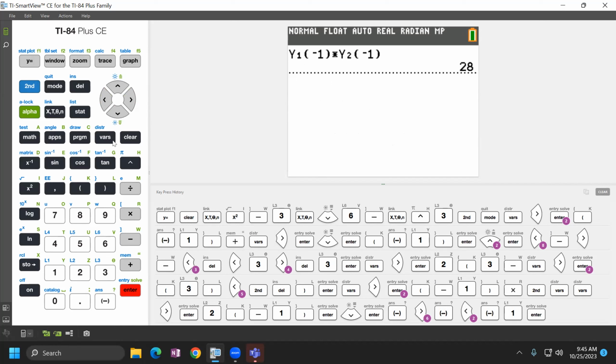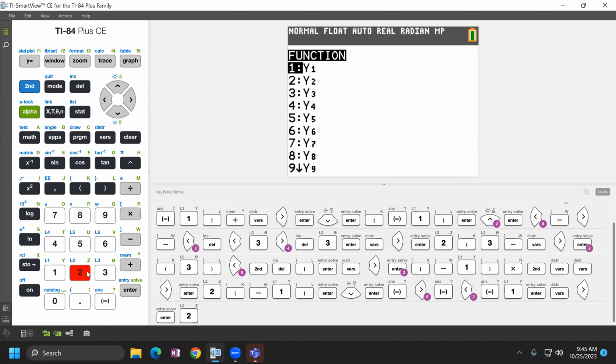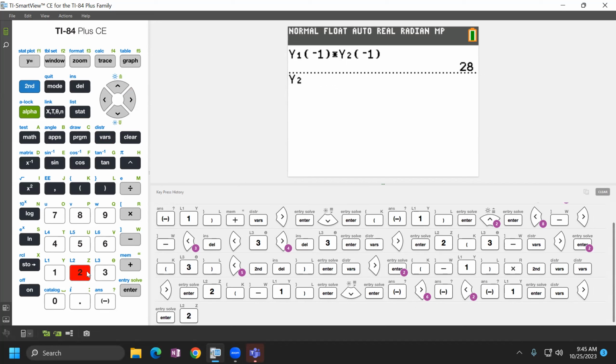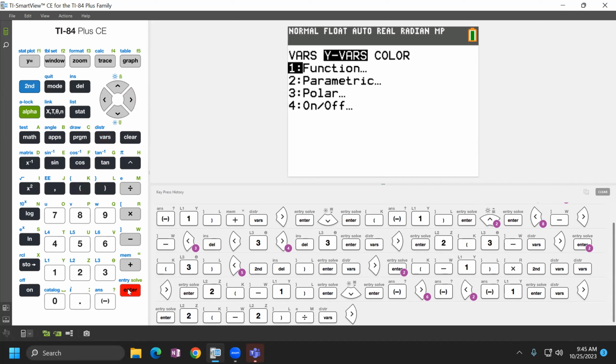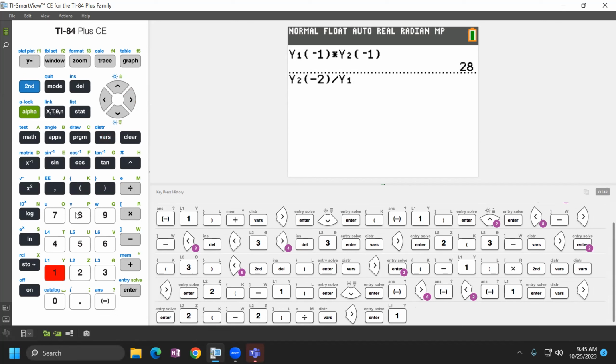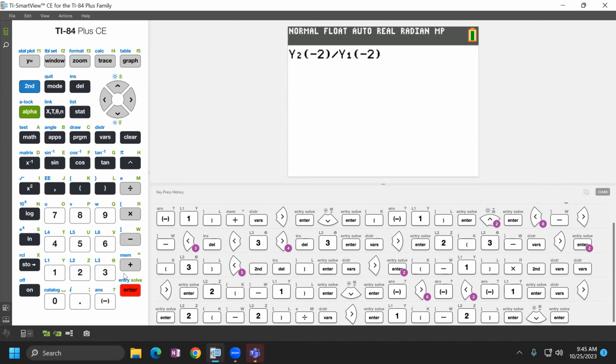So I'm going to go back to my y variables. y2 evaluated at -2 divided by y1 evaluated at -2. And I did it again, didn't I? That is a minus.